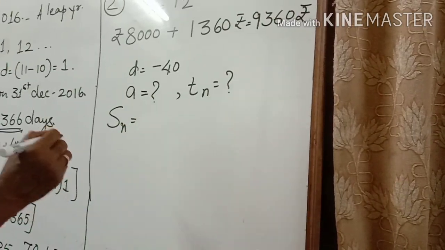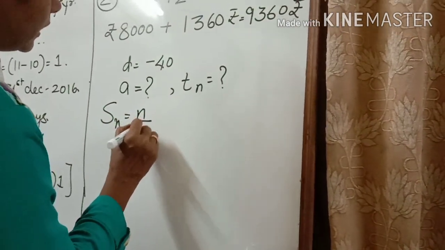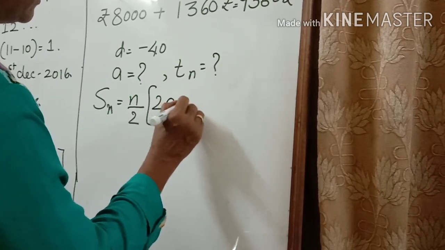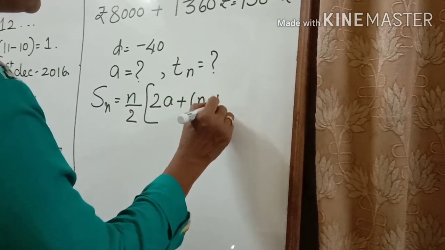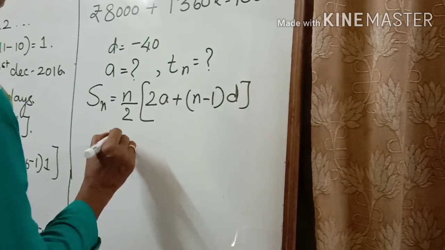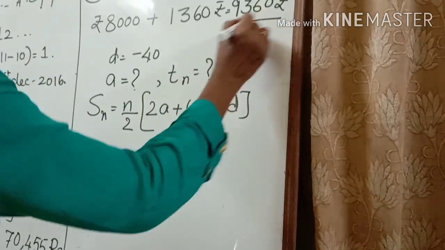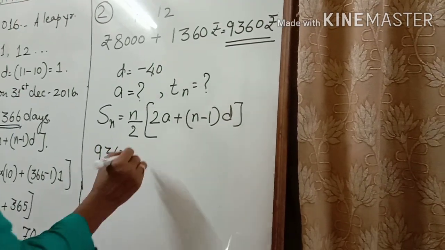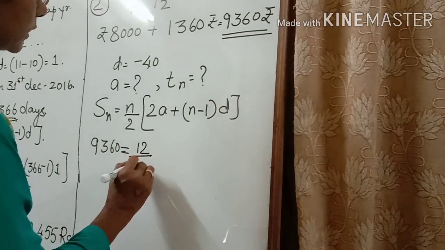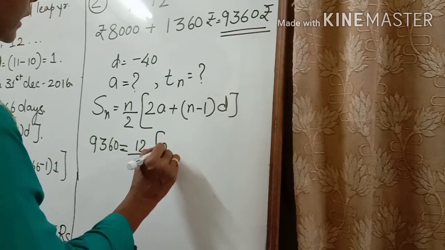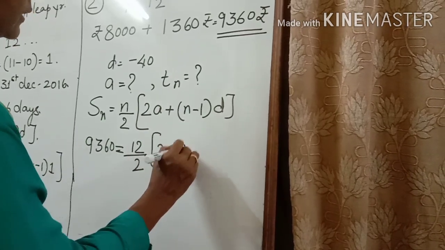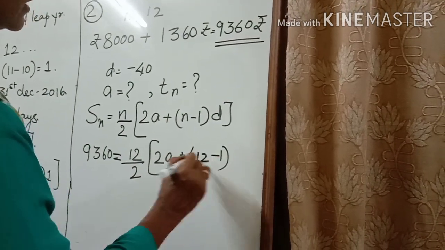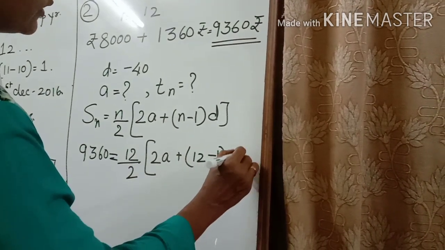Now Sn is given. Sn formula is Sn is equal to n upon 2 into 2a plus n minus 1 into d. Sn is 9360. n upon 2, that is 12 upon 2, and 2a plus 12 minus 1 and d is minus 40.